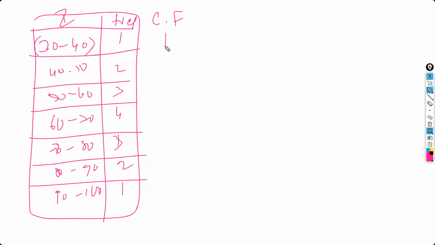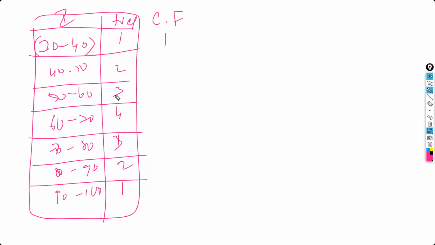For the second one, cumulative means adding the above two. What is the starting point? 30, so 30 to 50. Every time the starting number will be fixed at 30, and the ending number is whatever is in that interval. Cumulative means you are accumulating the multiple frequencies.